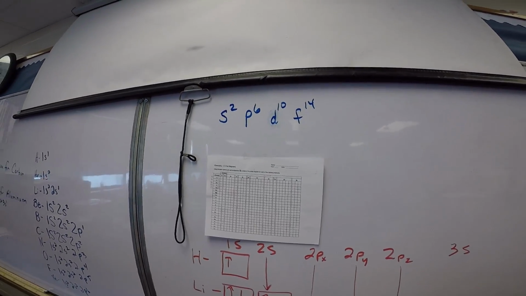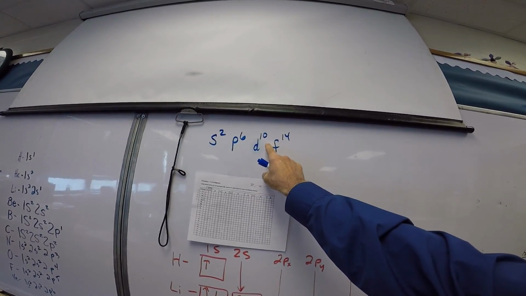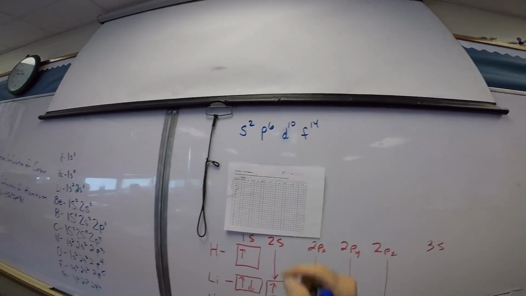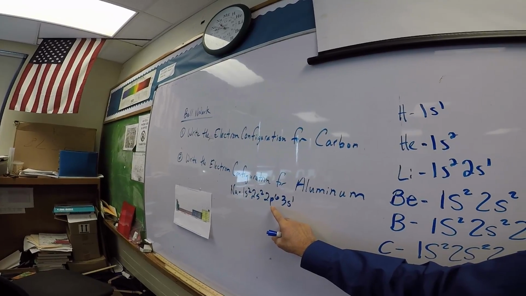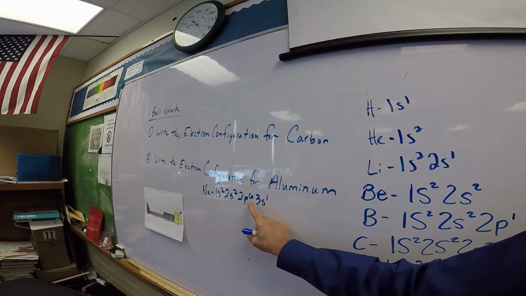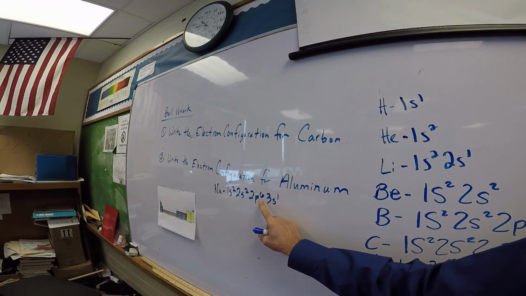When you're writing the configurations, you're never going to see numbers higher than the maximum electrons that can be placed in the overall shapes. So over here, when we're doing the configuration for sodium, you don't need to write 2p1, 2p2, 2p3, 2p4, 2p5, and 2p6. You can do that, but the teacher's going to wonder why you're writing all that. That's a lot of work.